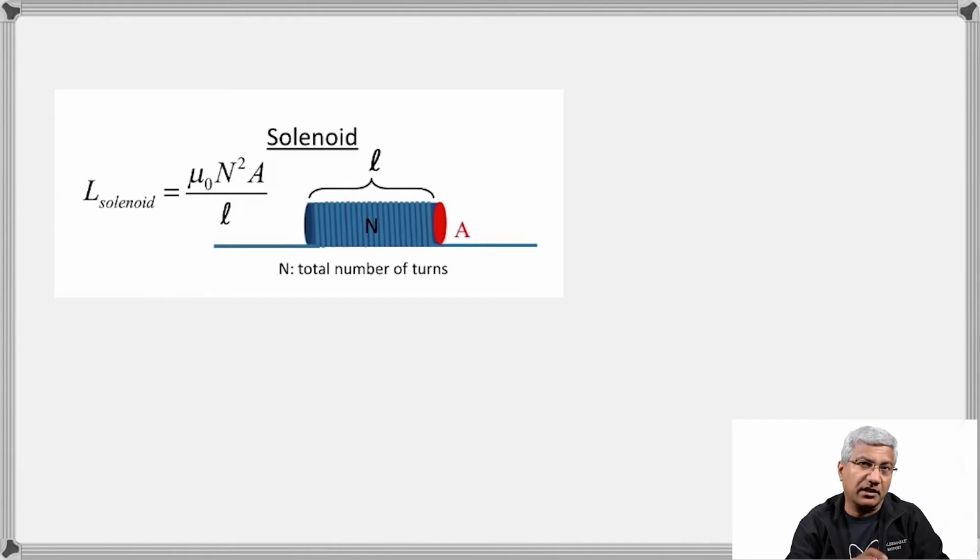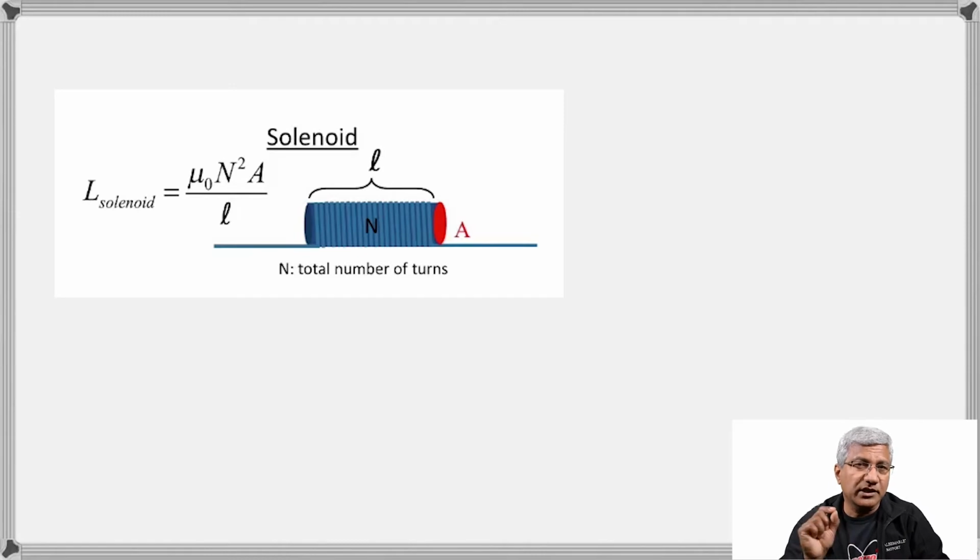Okay, so got to be careful. The capital L is inductance, but the small l is the length of the solenoid, and it should be in meters. N is the number of turns. A is the area of cross-section, which is usually circular. Okay, so the A, you see the red shaded part, the area, which is pi r squared.